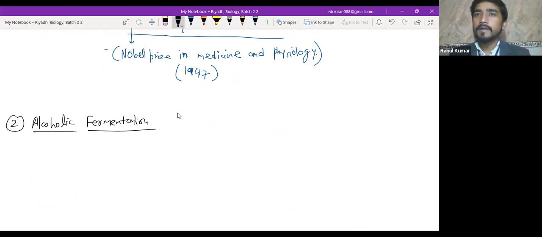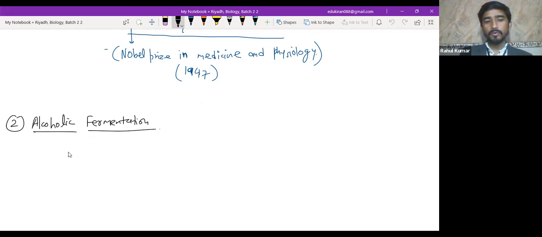Just like lactic acid fermentation was happening in our muscle cells and certain species of bacteria, write down alcoholic fermentation occurs in yeast and some bacterial species.